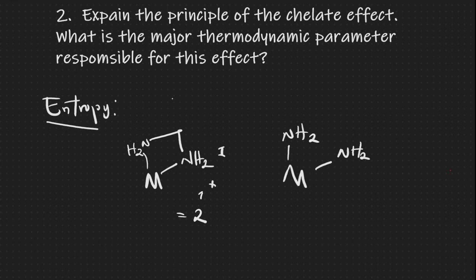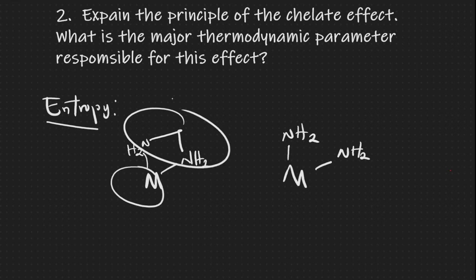So bringing two molecules will cost less energy compared to bringing three molecules together. That's because individual molecules are free moving around, tumble and vibrate independently. Once they come together, they have to do all these things together. So in a nutshell, for proper understanding, you should know that bringing this ethylene diamine together with this metal will cost less energy compared to bringing these two molecules together with this metal.